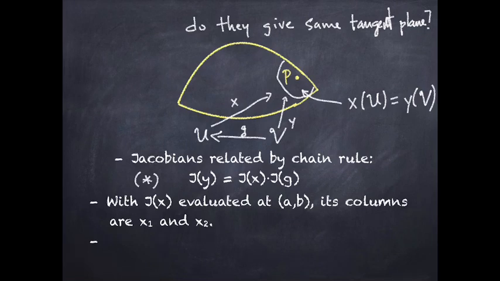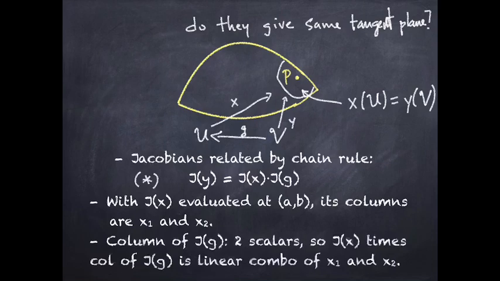Those are scalar coordinates once we've evaluated. They're just numerical entries. Okay, so what we want to think about is J of X times a single column of J of g. What we get when we do that is a linear combination of the columns of J of X, right? Those scalars multiply the 2 columns and add those up, and that gives us our linear combination of x1 and x2.